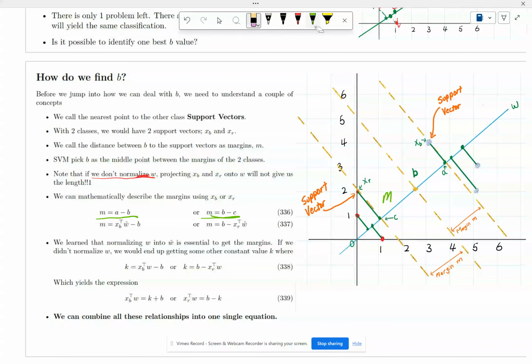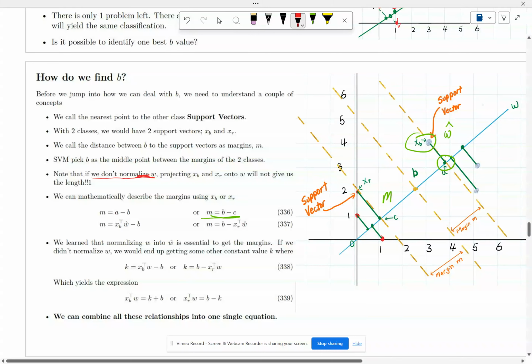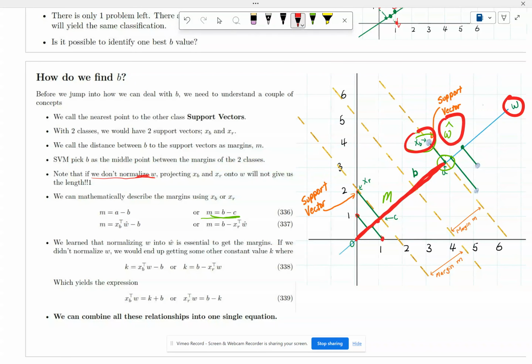Now, I just told you what is A. Well, the distance A should be XB projected onto W normalized. So this distance here should be XB projected onto W, but the normalized version.